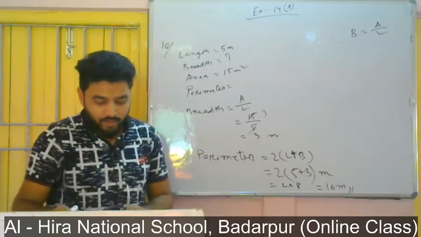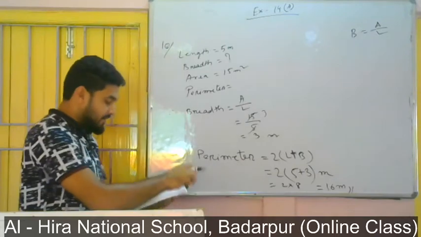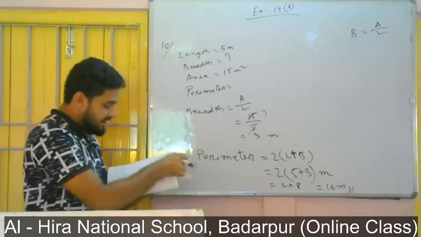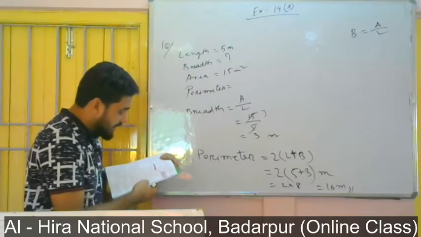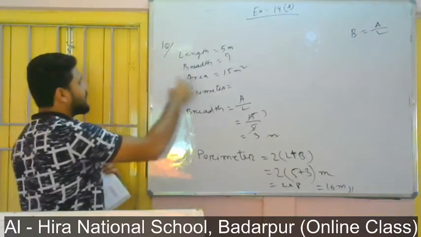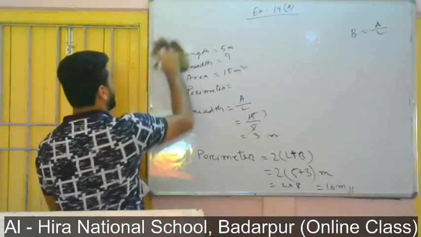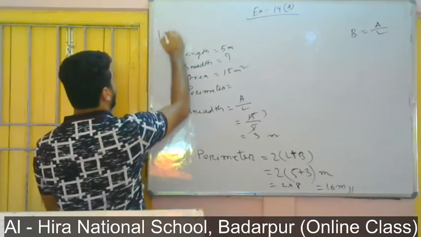Now come to question number 2. Length is given 5 centimeter. Breadth not given, area also not given, and perimeter is given. So this is the answer of question number 1, Roman 1. Now write Roman 2. Question number 1, Roman 2.